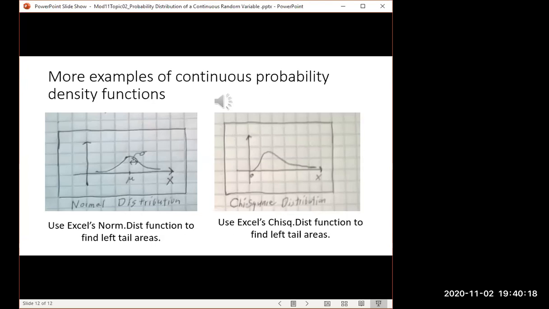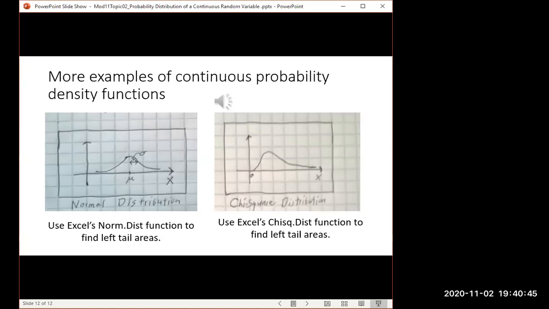This thing that I've drawn here is not just roughly normal, it's really normal in the sense there's a very specific formula for this curve. And we can use Excel to get areas underneath it. There's a function called NORM.DIST, and I'll demonstrate that more with Excel. So we'll leave that out of the PowerPoint for now.